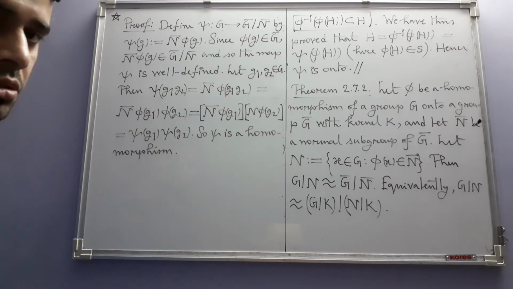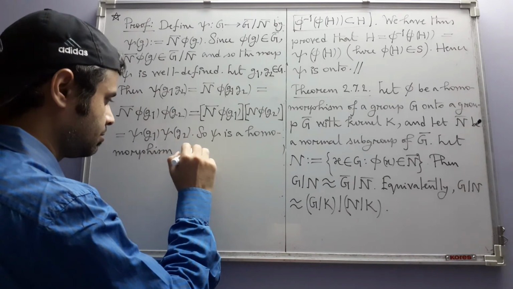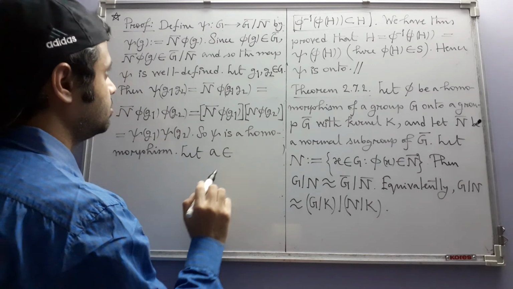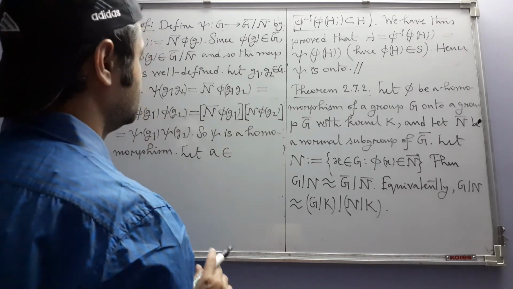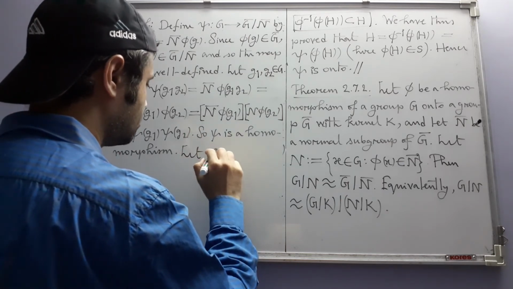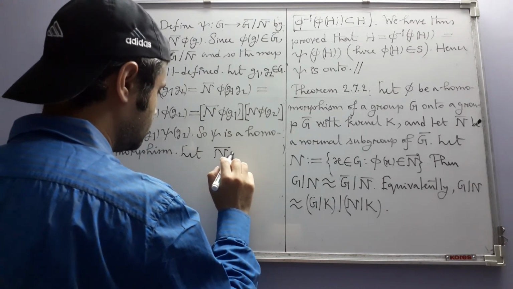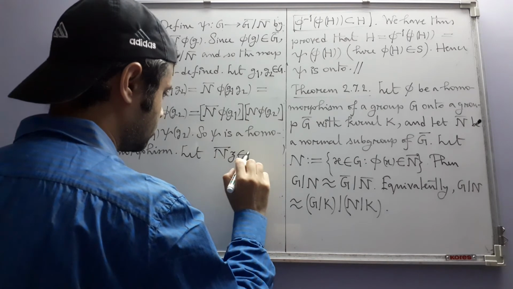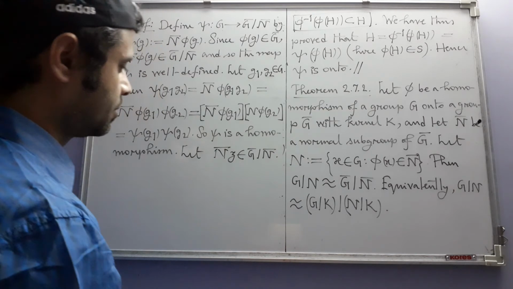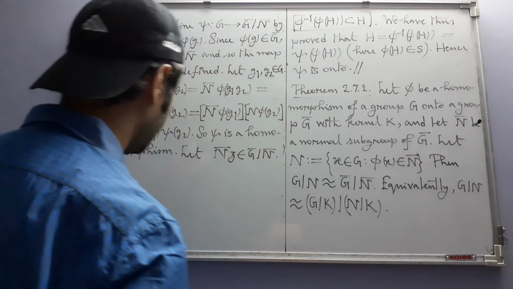Now next we want to show that psi is onto. For that, let a belonging to, this time we have to take in fact a coset, N bar z, belonging to G bar by N bar, a coset of N bar in G bar. That means this z is coming from G bar.